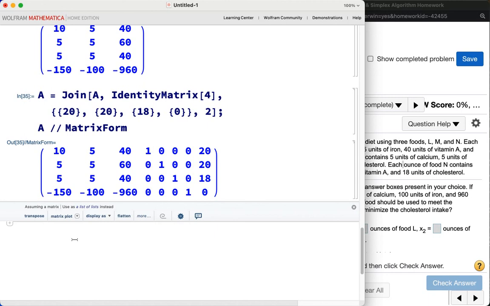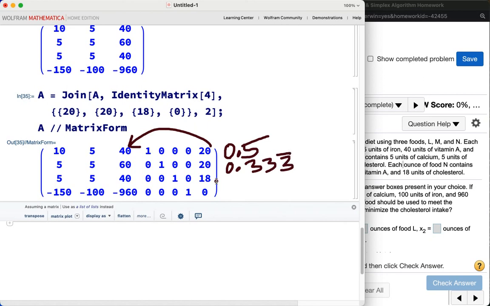So where do we start pivoting? 20 divided by 40 is 0.5. 20 divided by 60 is 1/3, or 0.333.